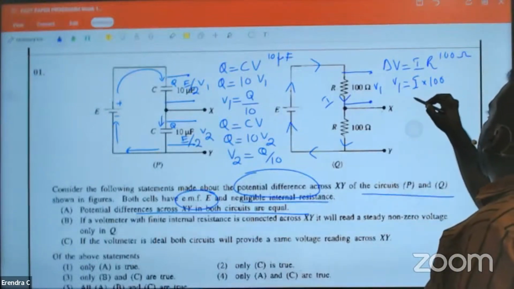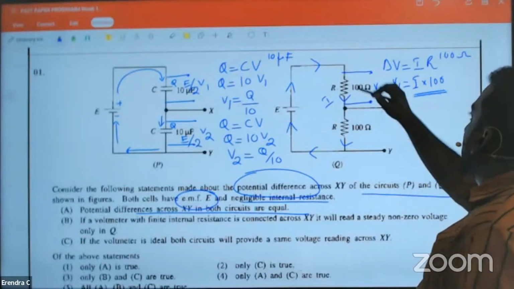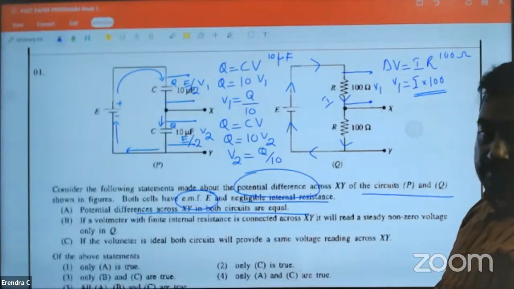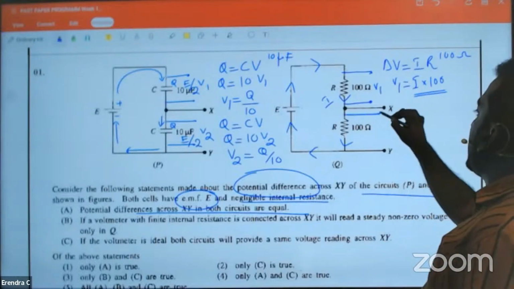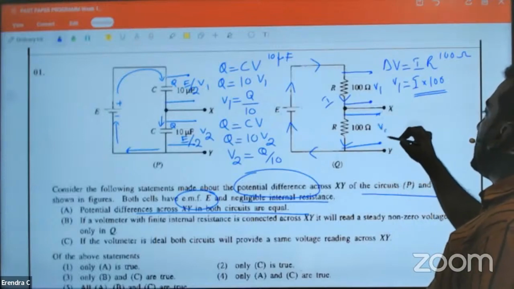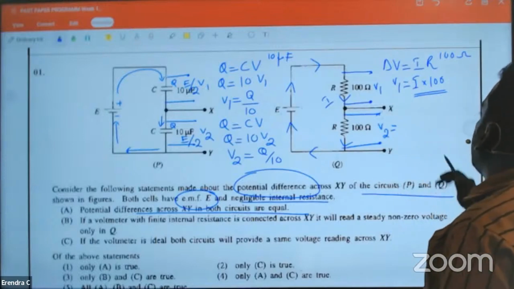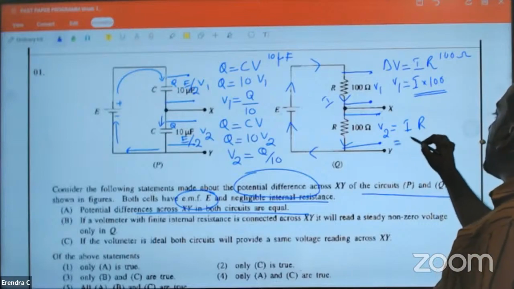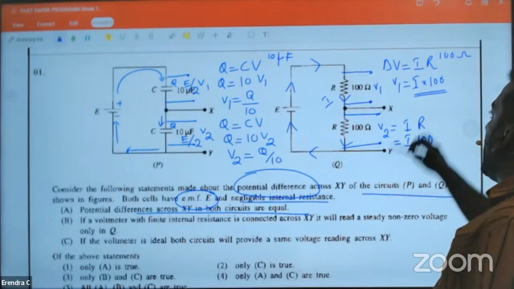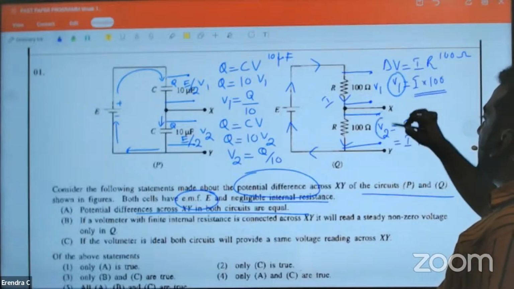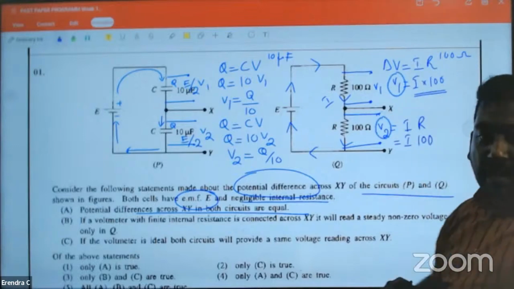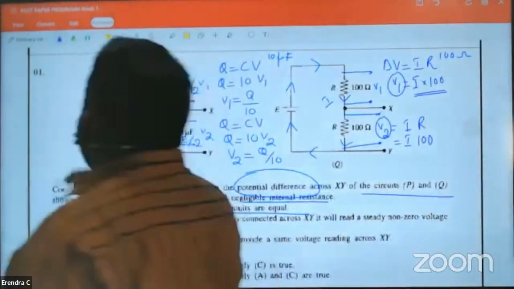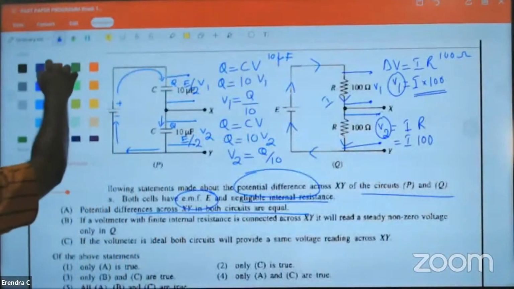What about the potential difference here? I'll take these two terminals as V2. V2 is I times R, and R is going to be 100. Same current. Now what can you say? V1 and V2 both are 100I.